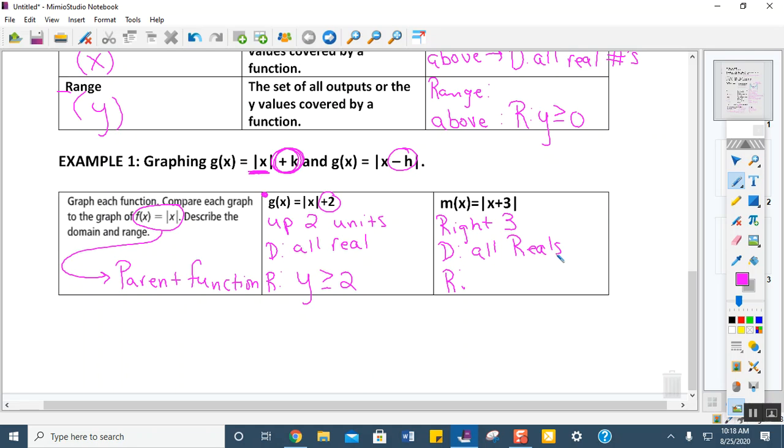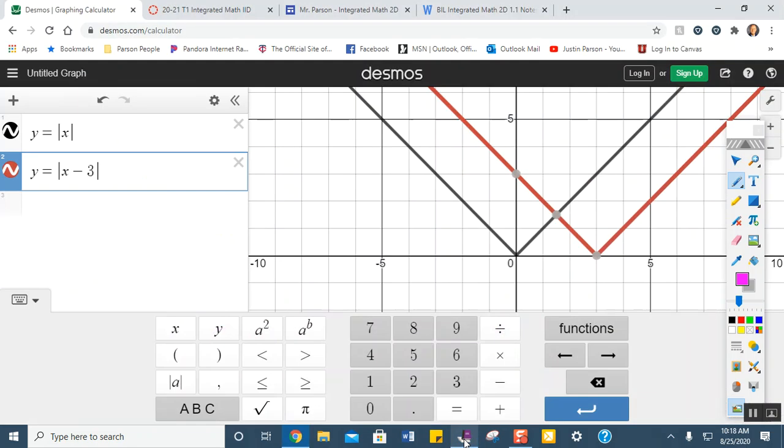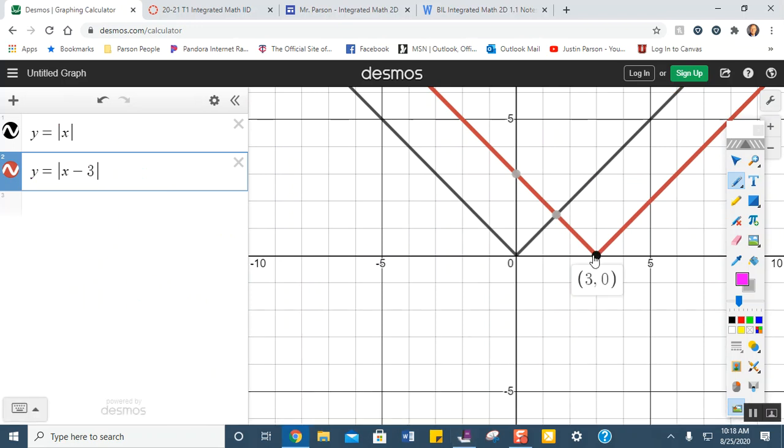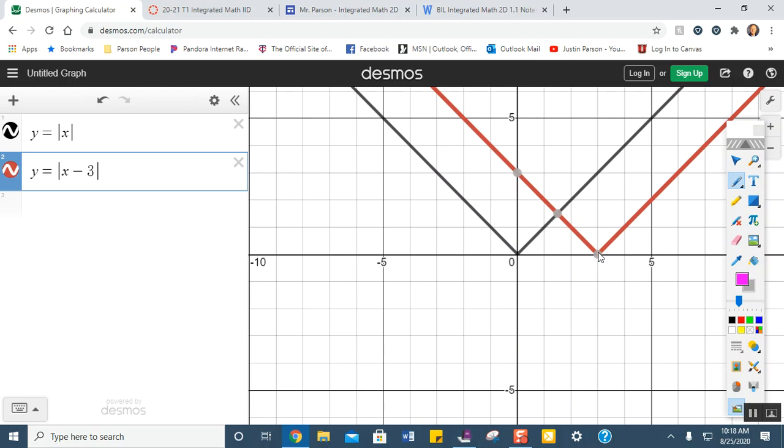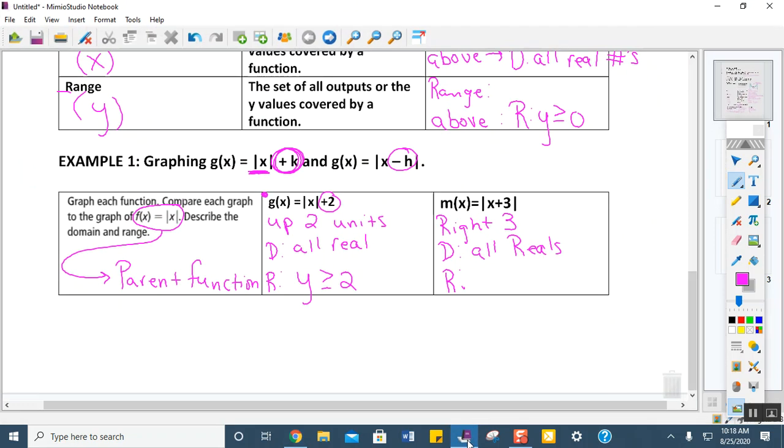If I look at the graph again, my lowest point at the vertex is 0, and we're covering everything above 0. So for my range, I would have all y values greater than or equal to 0.